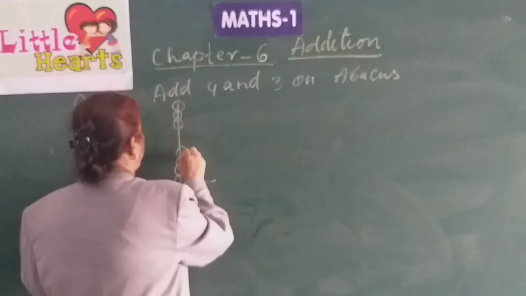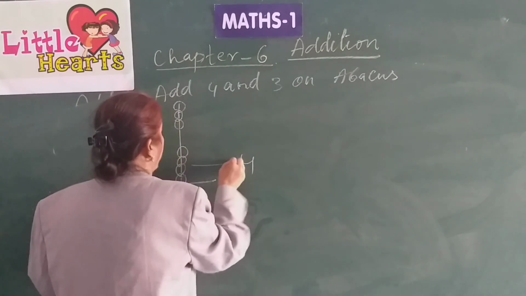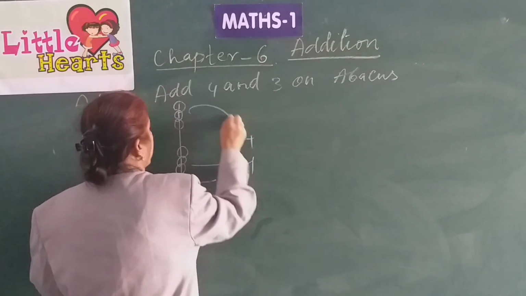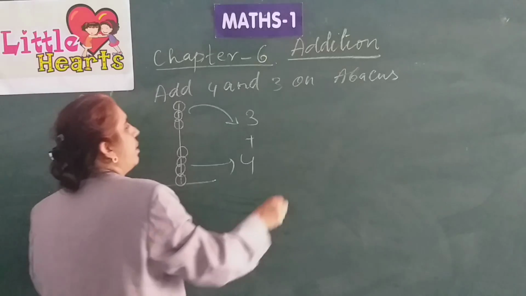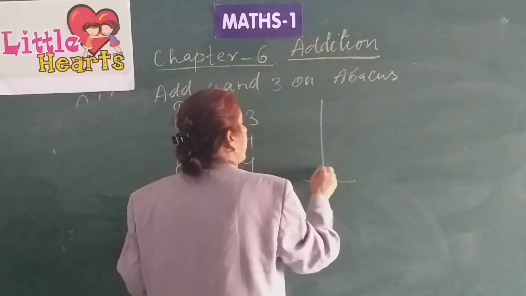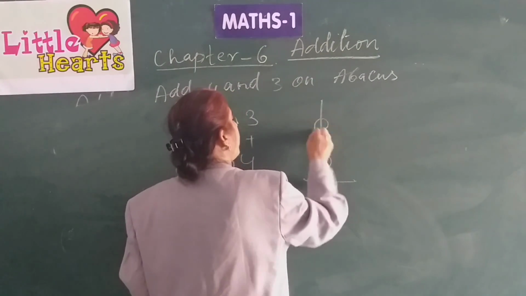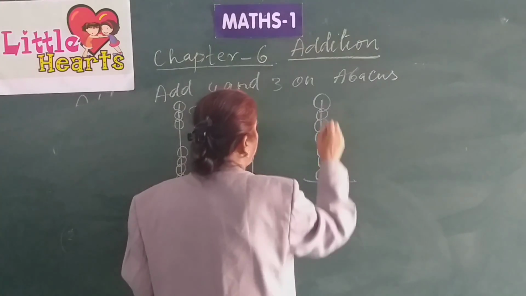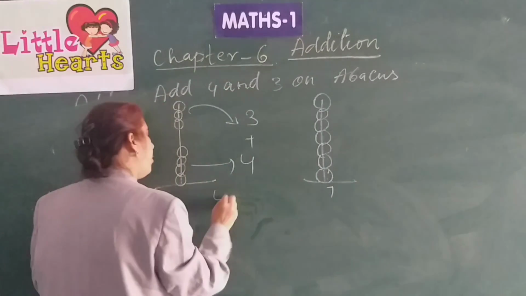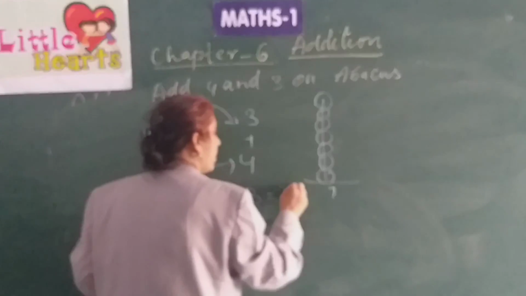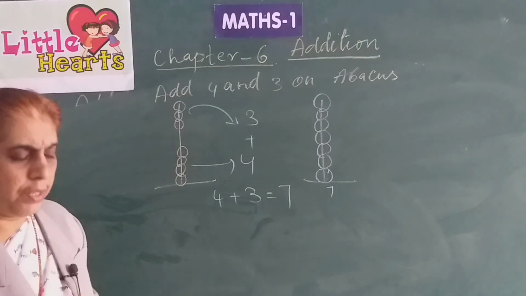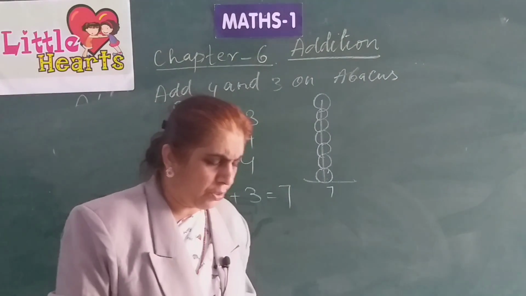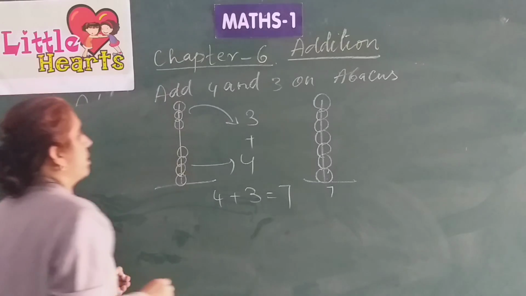So 1, 2, 3, 4 plus 3. 1, 2, 3, 4, 5, 6, 7. So total number of beads are now 7. So 4 plus 3 equals 7. In this way you can add numbers on the abacus.